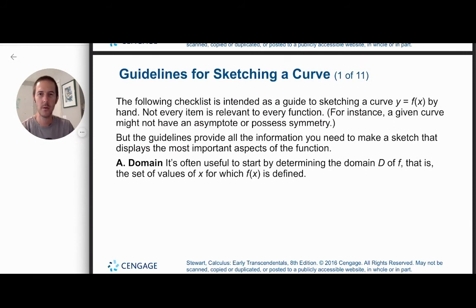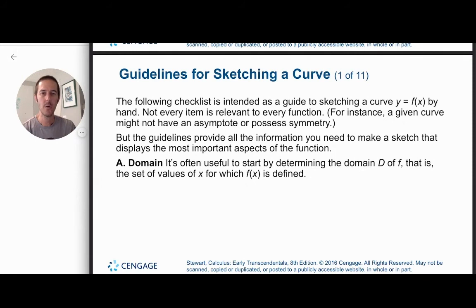So in order to do that, I'm going to start out in this video, as I often do, by going through some slides that are provided by Stewart in his calculus book, Early Transcendentals, 8th edition. And after going through these slides and just talking with them and putting some little notes on them, I will talk through the solution processes of a couple of questions provided in these slides by the author.